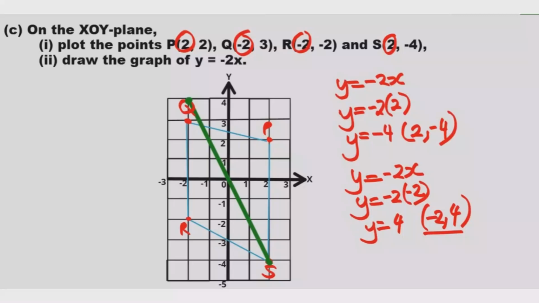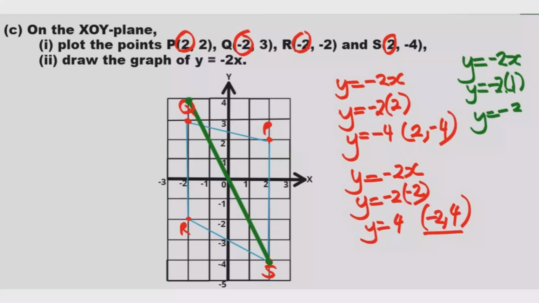Let's take, for instance, if we used 1, then we say y is equal to negative 2x. Then we say negative 2 times 1 when x is equal to 1. So we write that, we say y is equal to negative 2.